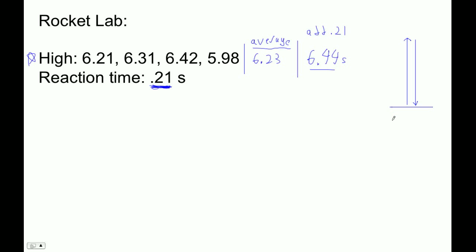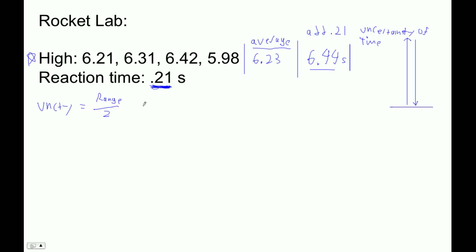The second thing we need to do is figure out the uncertainty of time. If you have multiple trials like this, the uncertainty is just the range divided by 2.